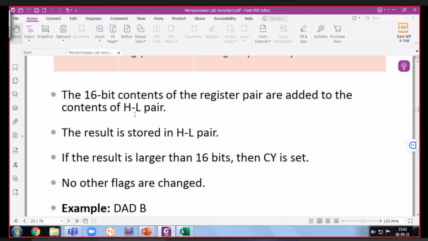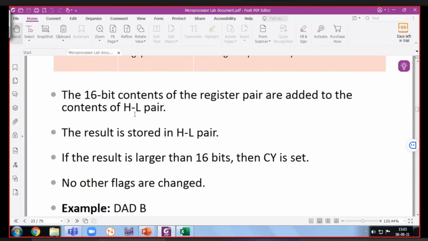Don't confuse this with the data stored at those locations. What is at 2400 or at 3000 doesn't matter. Here, the HL value was 2400, added to the contents of register pair BC, where we stored 3000. So the result of this addition is 2400 plus 3000, that is 5400, the new value of the HL pair.